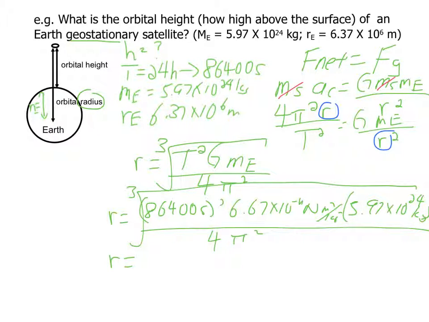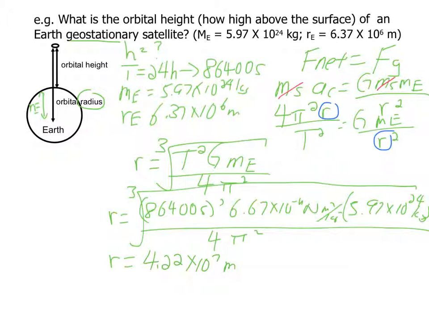If we punch it into our calculator, be careful that you're dividing by two numbers here, and a whole lot of scientific notation, so make sure you enter your numbers correctly. We find that the orbital radius is 4.22 times 10 to the 7 meters.